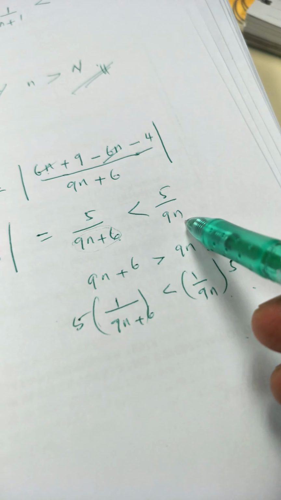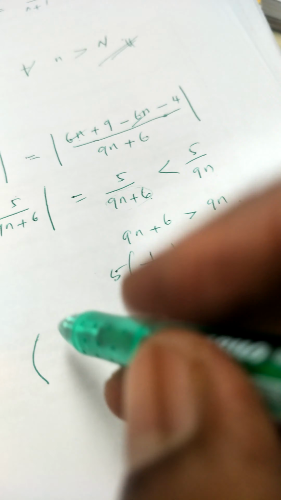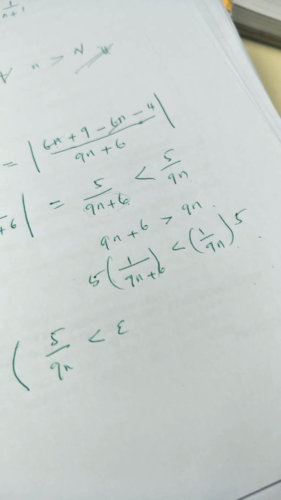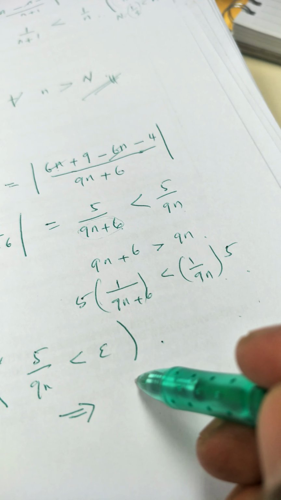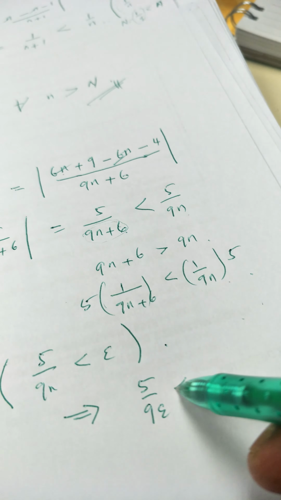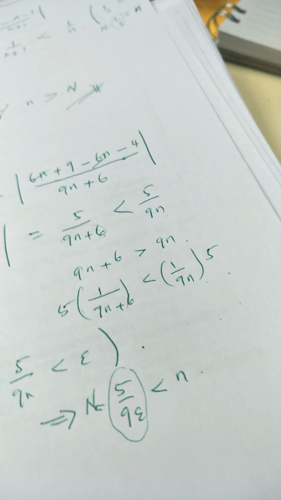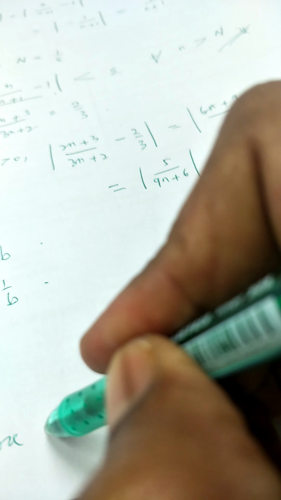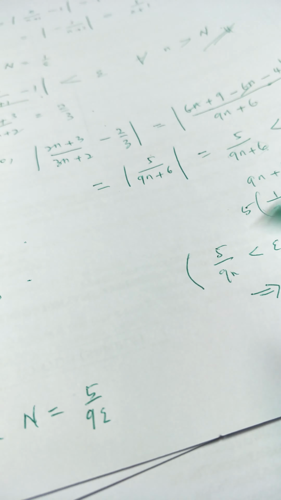Now we need to choose what capital N is. I put it here so you can see clearly. We want to show that 5 over 9n is less than epsilon. So from there you can choose capital N equal to 5 over 9 epsilon.